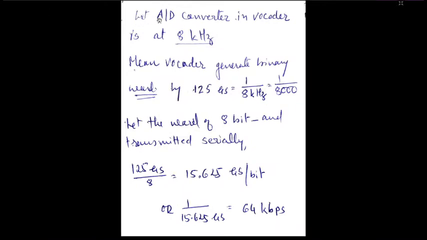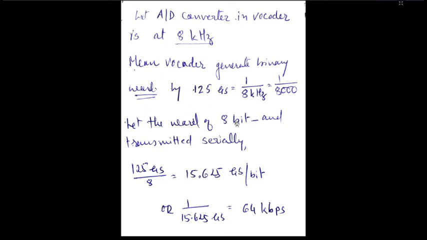So let us say the A to D converter in the vocoder is at 8 kilohertz, meaning the vocoder will generate a binary word, let us say 8 bits, we are assuming that. So that will be 125 microseconds. How is it possible? That is 1 divided by 8 kilohertz, that is 1 divided by 8000 hertz, and that is equivalent to 125 microseconds, correct?